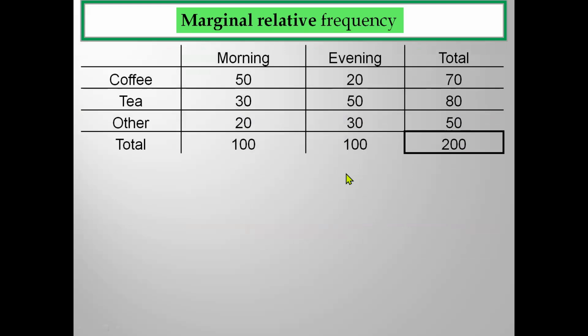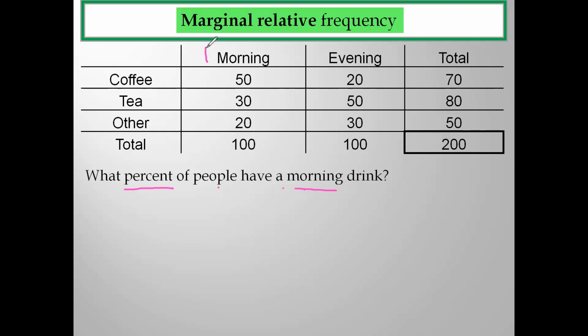Let's take a look at an example. Our question here is asking us what percent of people have a morning drink. So the category is morning, and we're looking at the frequency total. So we're looking at the sum of 50, 30, and 20 to give us a total of 100. We're going to have 100 as our morning drinkers divided by the total number of individuals, which is 200.